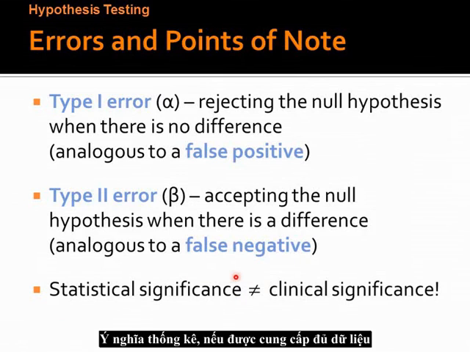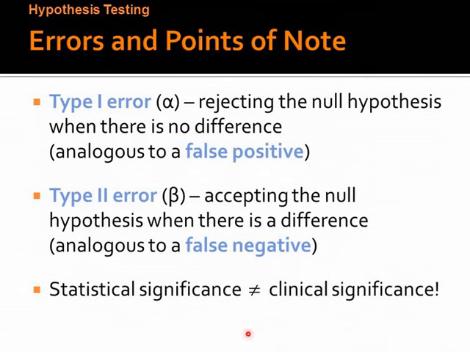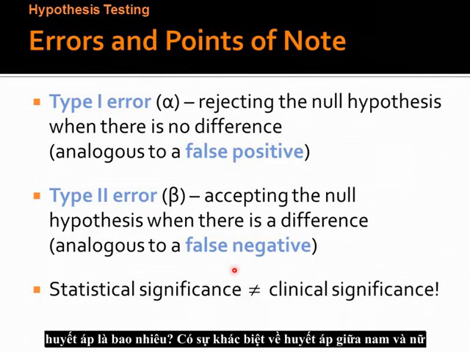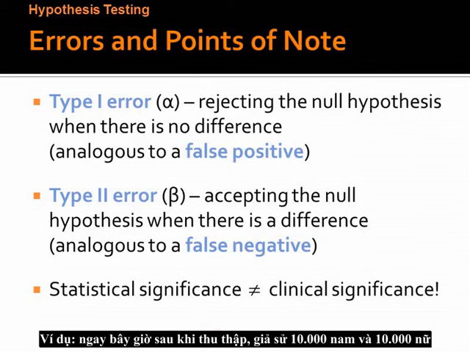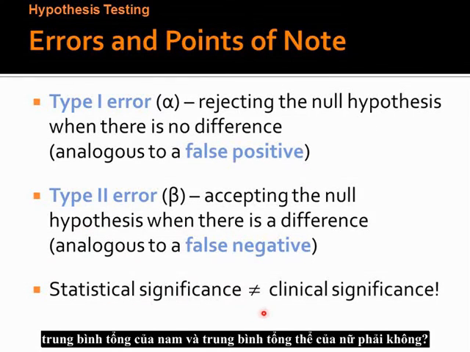Given enough data, you can conclude statistical difference of tiny amounts. Let's say you wanted to know whether there is a difference in blood pressure between males and females. After collecting, let's say, 10,000 men and 10,000 women, you find a statistically significant difference between the population mean of men and the population mean of women.